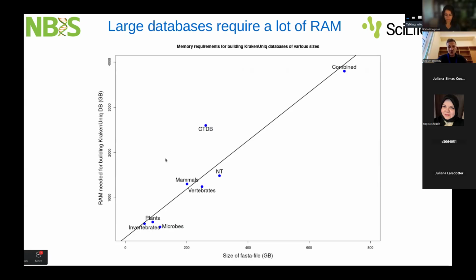And yes, one potential workaround is to do chunking of your database. This is what the Copenhagen School of Ancient DNA, I think, is using a lot.